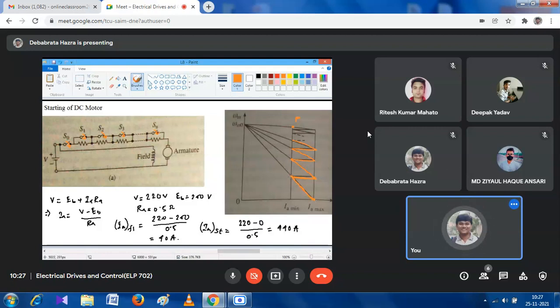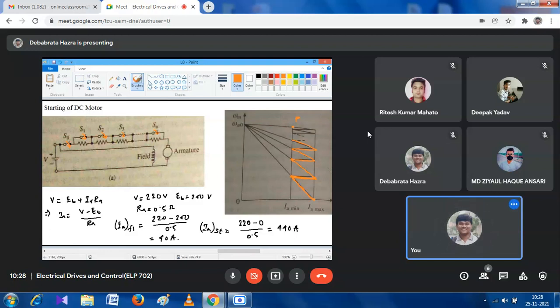After that, at the point Ia min, we close the switch S1. So the armature current value increases to Ia max instantly, and after that, as the value of armature current is increased again, the value of torque should increase again. So the speed of the armature should gradually increase again.